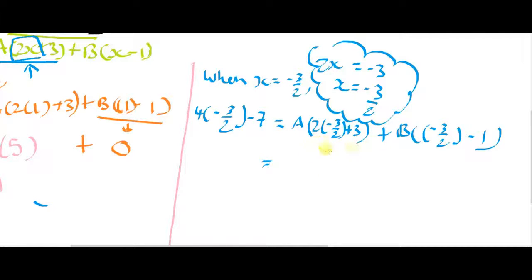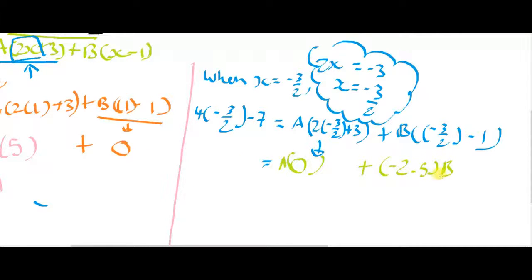So what's next? Well, the A term basically ends up being 0 because this cancels out, A times 0, which is 0. And what about this? Minus 3 over 2 minus 1 is minus 2.5, so minus 2.5B.